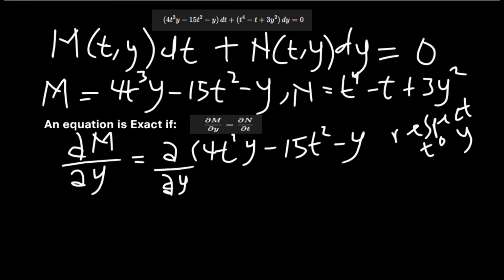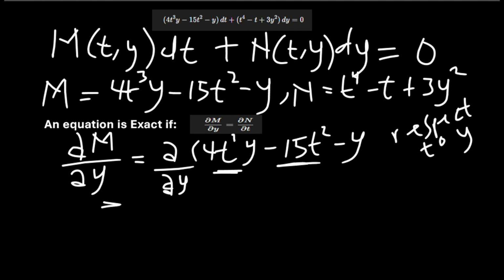At this point, we have to differentiate the M terms. But note that if it is with respect to y, any term that does not have y goes to 0. So in this example, the 15t squared goes to 0. Let's differentiate the 4t cubed y.